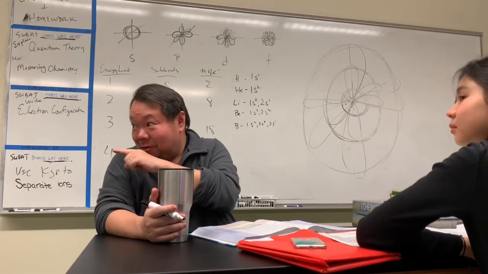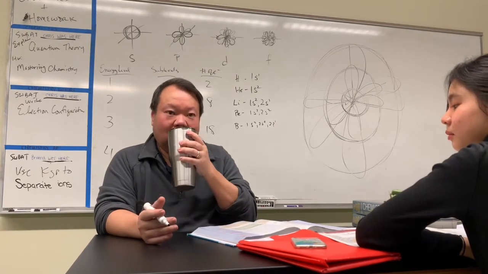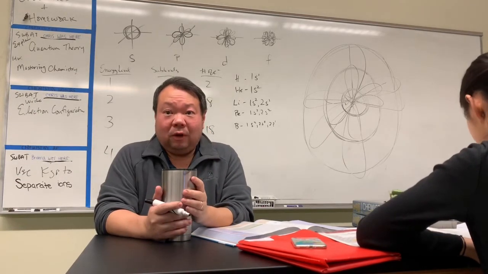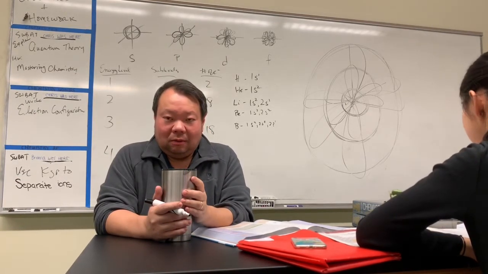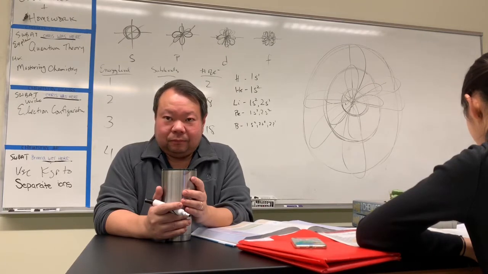Gabe, you want to try? The S sublevels are filled up for energy levels 1 and 2. Filled up with what? Electrons. And the next orbital that you can go into is the P orbital. What P? 2p.